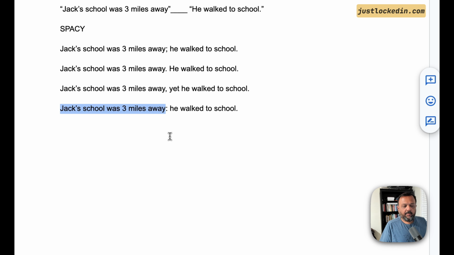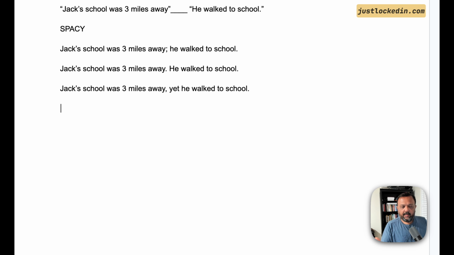But we can do this differently where we could use a colon. Take the sentence: Jack's school was 3 miles away, yet he walked to school. The question is, why did he walk to school? Maybe he was very fond of walking. So we could say, "Jack loved to walk." That is a statement, a claim.